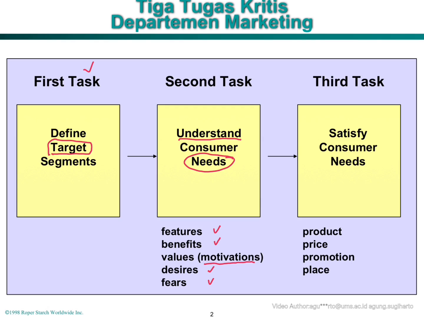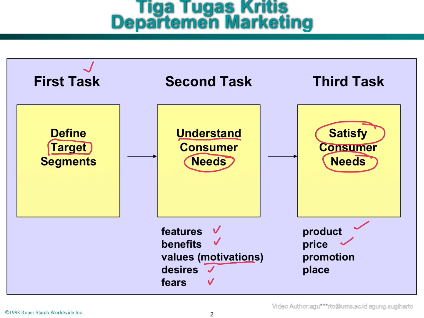And then the third task, we have to know how satisfied customers are on their needs, how they satisfy the need. It can be the product, the quality, and the availability.